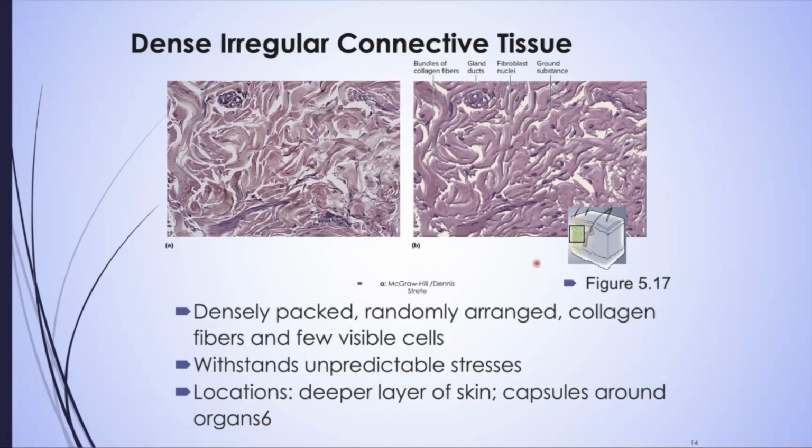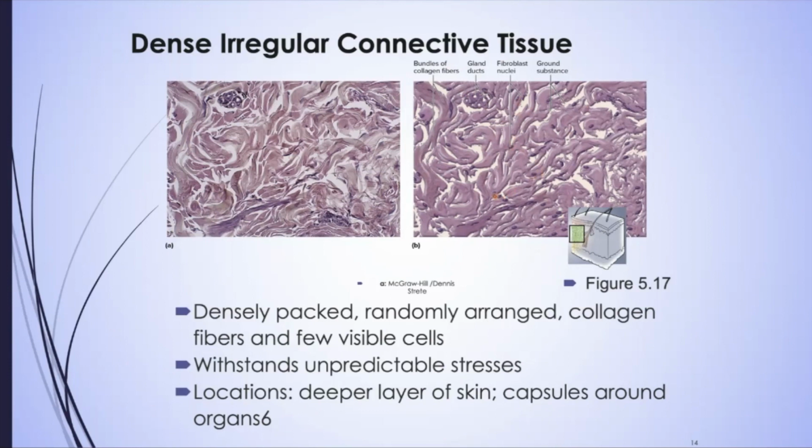All righty. So as you can see, this is in the deeper layers of the skin, bundles of collagen, and you can see that they are all over the place, just randomly arranged. The ductal glands you can see within them. We're looking at the cross section of the deeper layers of the skin. Here's also some fibroblast nuclei that you can pick out.